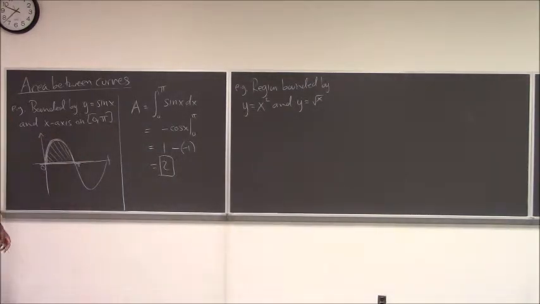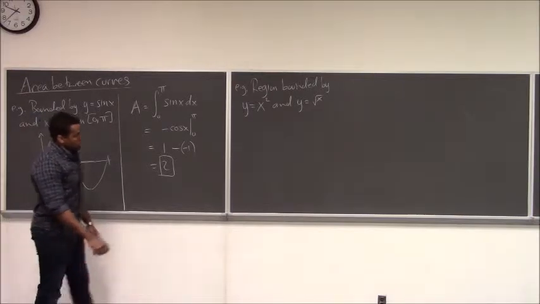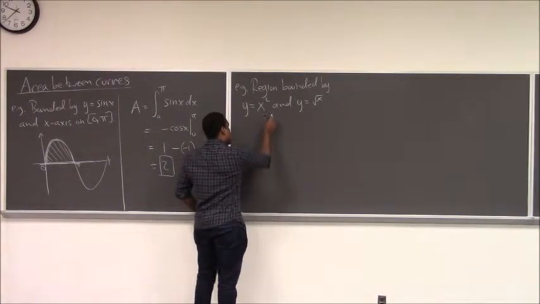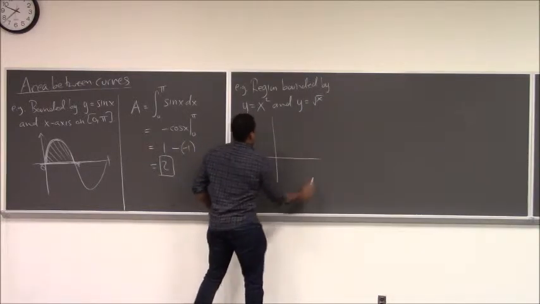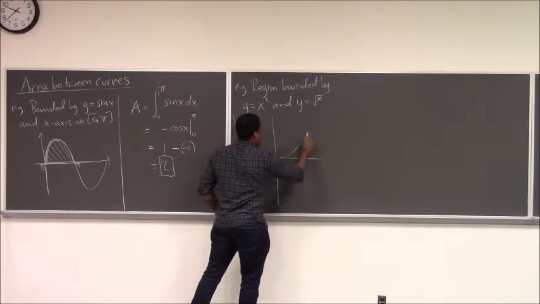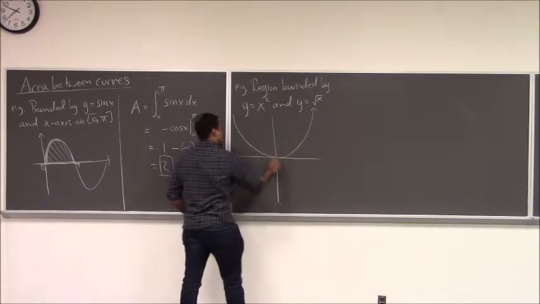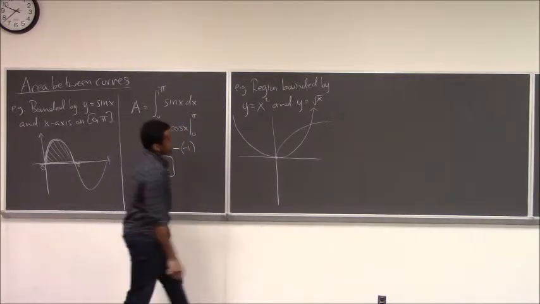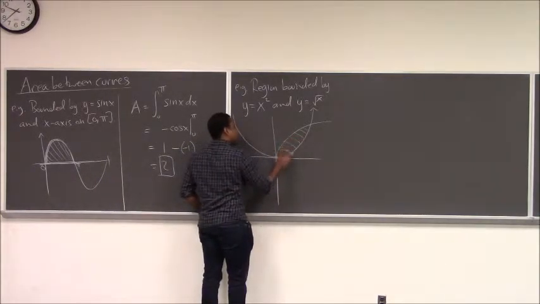Here you aren't. You just want the region bounded by these two. Probably what you want to do is graph it, so you have a good picture of what's going on. Y equals x squared looks like that. Y equals radical x, we know looks like that. And so the region between them will of course be this guy.